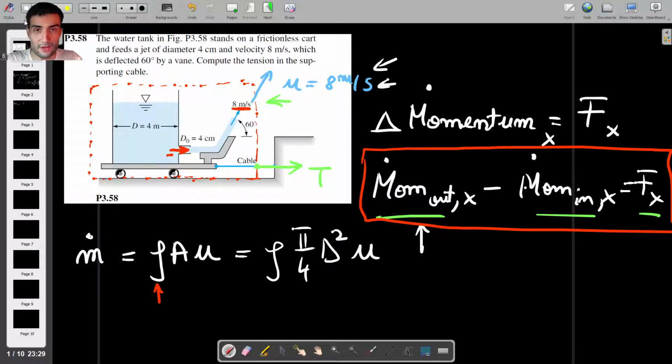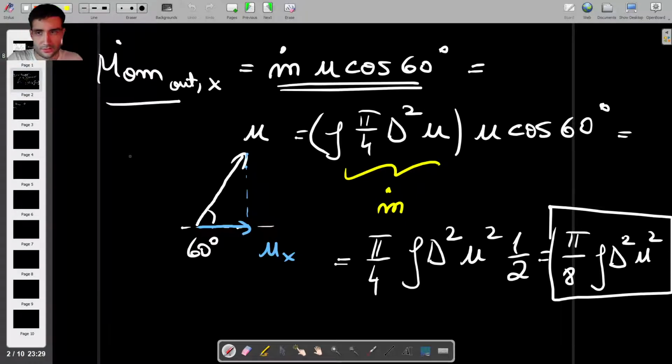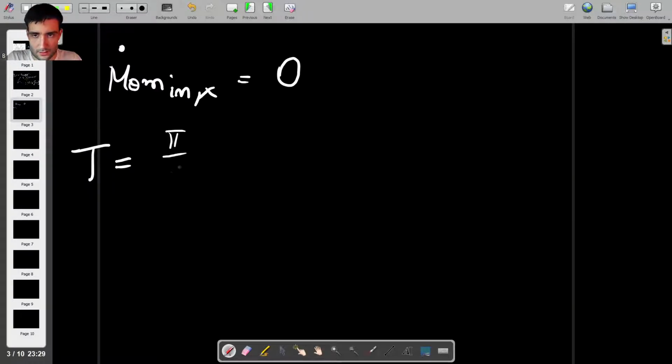Remember Fx stands for all the forces acting in the x direction, and in this case it's purely referring to the tension. So tension equals the momentum out that we found, pi over 8 rho d squared u squared, minus momentum in, which is 0. It's redundant to write 0, and that's the equation for tension.